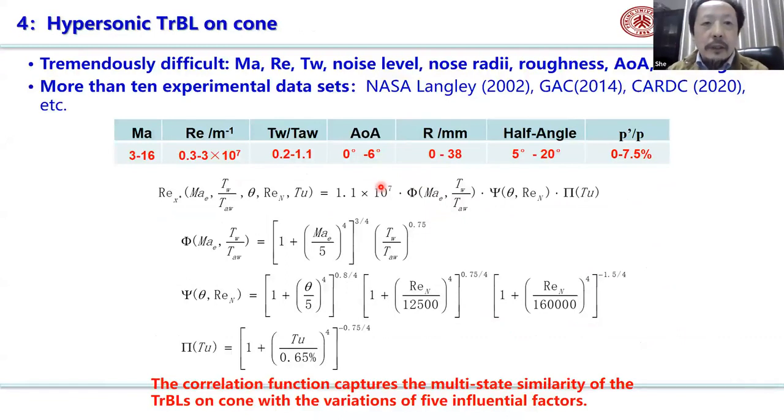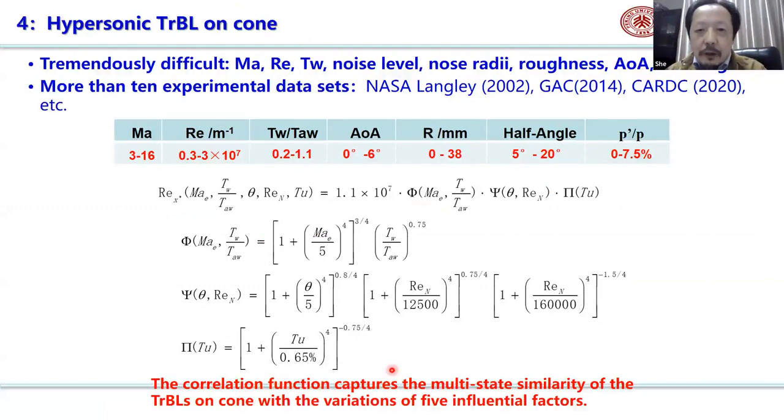Now let's look at the hypersonic turbulent boundary layer on a cone, which is a more challenging model. It has been very intensively studied by people around the world, especially by industrial people. It is tremendously difficult because there are Mach number effects, Reynolds number effects, surface temperature effects, the incoming noise level, nose radius, roughness effects, and angle effects, and half angle.